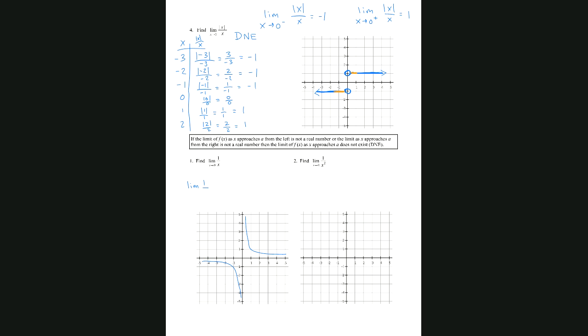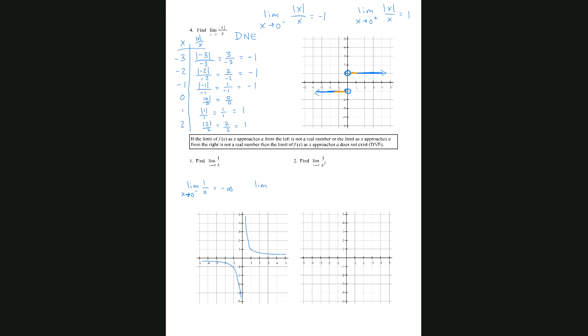The limit of 1 over x as x approaches 0 on the negative side could be said to be -infinity. It's not real, it doesn't exist, but it is heading in the negative direction.